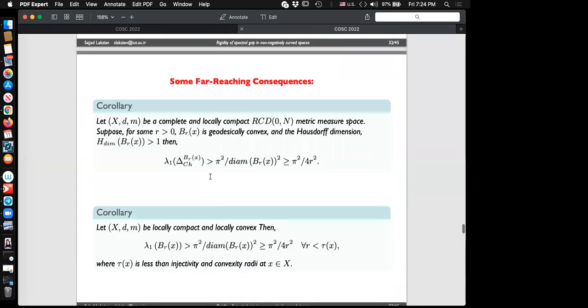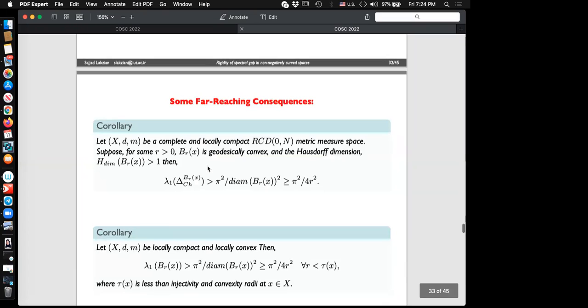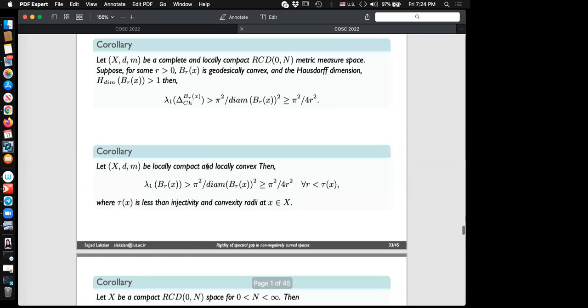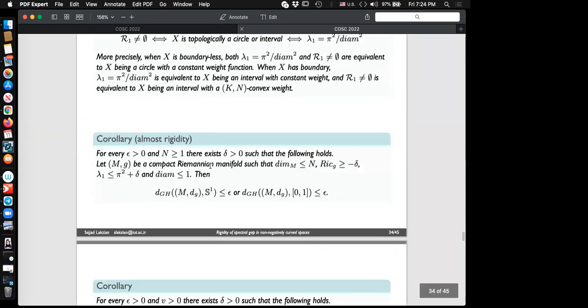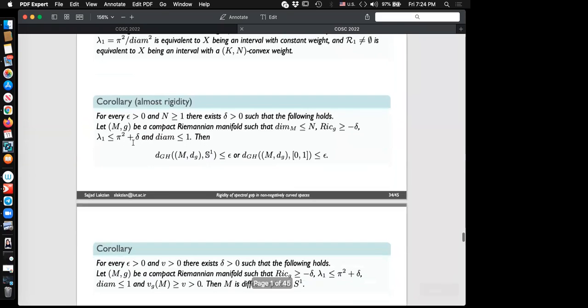So, once you prove this rigidity bound, then you can talk about almost rigidity. I'm not going to explain all of these corollaries, but we can talk about almost rigidity, for example, which is if you have a sequence of manifolds that don't have non-negative curvature, but their lower bound on curvature is minus delta, and delta is approaching 0. And lambda 1 is also very near pi squared. And we normalize the diameter to be less than 1.